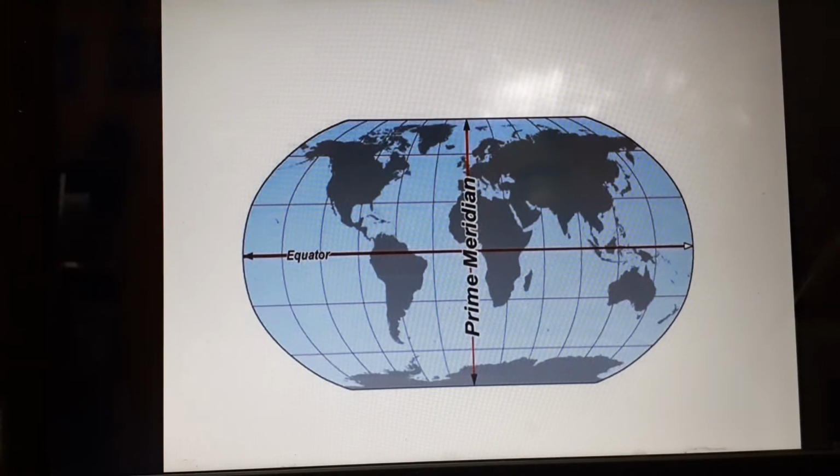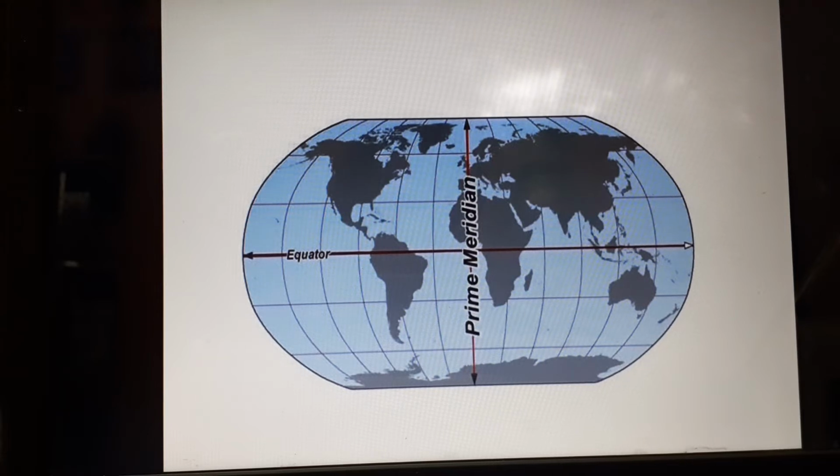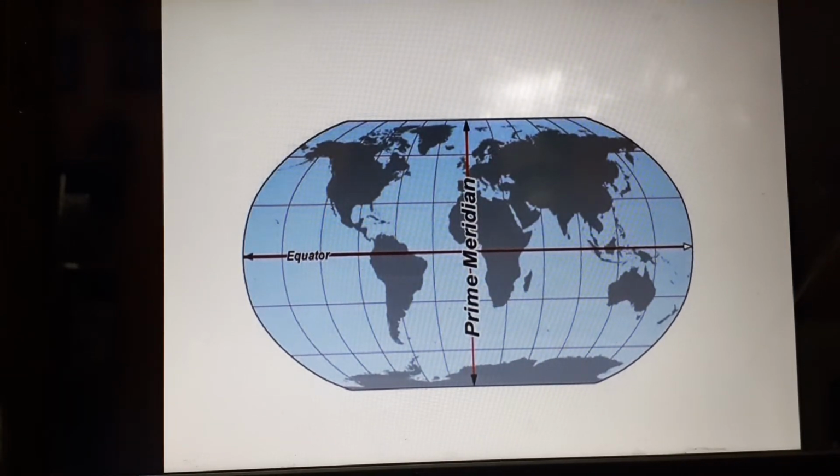If we do not have a base, then it becomes very difficult to specify the location of various continents and countries with respect to each other.